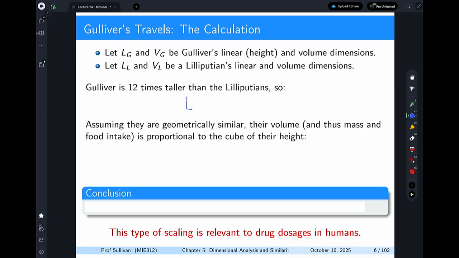So simple. If you look at the ratios of lengths, you can say, okay, this is going to be something that would scale volumetrically.